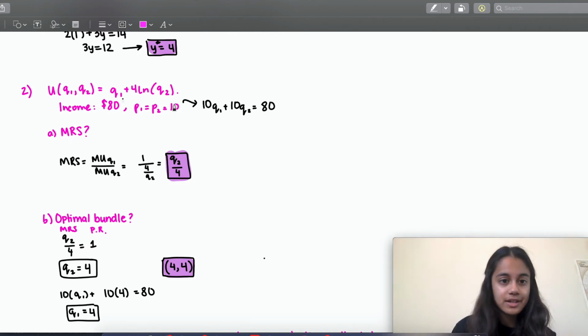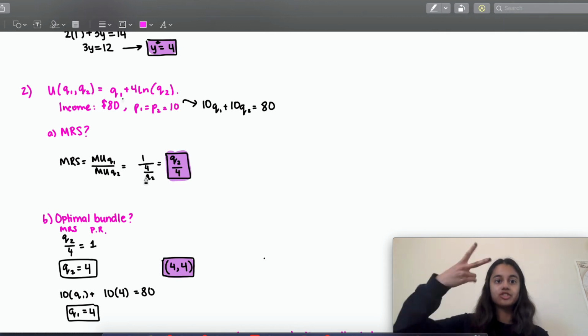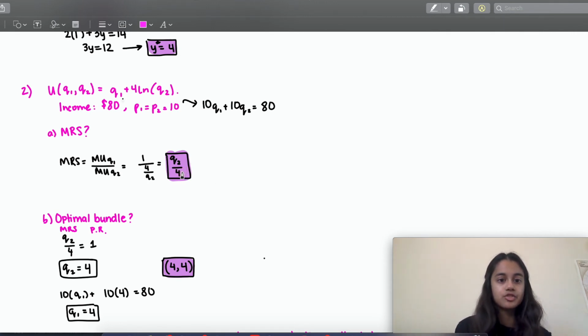So our MRS here is, again, that 1, right? That Q1 is just gone now. Great, because it's a linear function. Divided by, here we have our 4 over whatever is inside, so it's going to be 4 over Q2, right? One thing to remember, when you're doing 1 over any numerator, denominator, that thing just flips, right? Now we're going to have Q2 over 4.